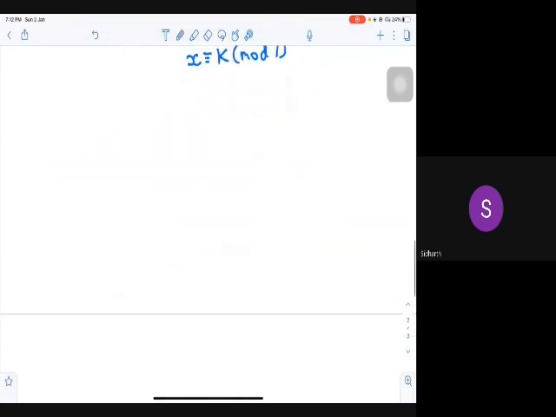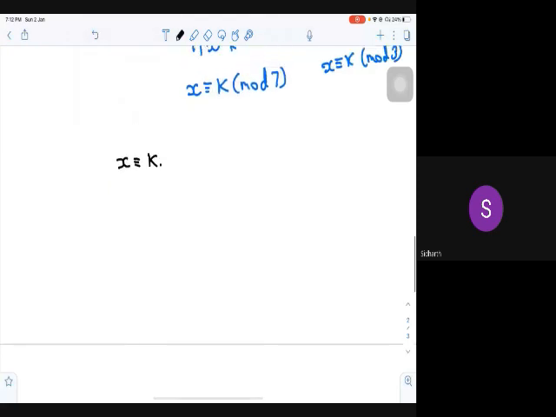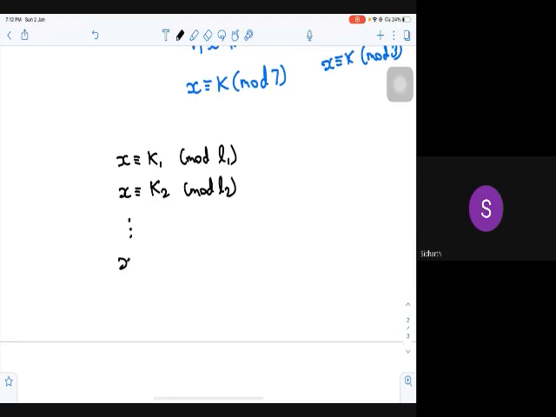So the general version of this would be something like the system x is congruent to, say, k1 mod l1, x is congruent to k2 mod l2, x is congruent to kn mod ln.